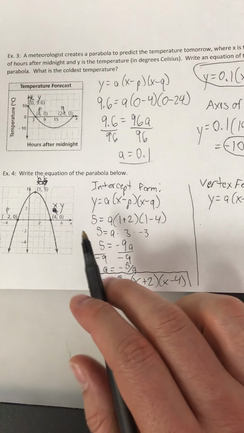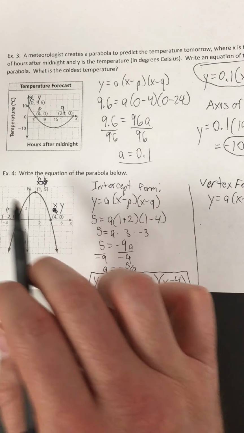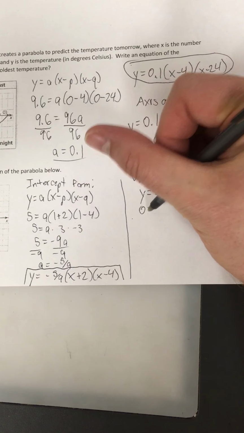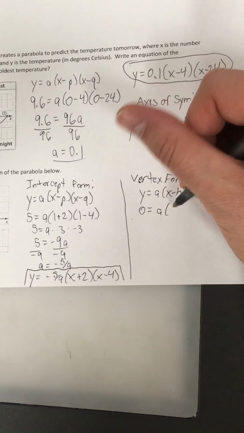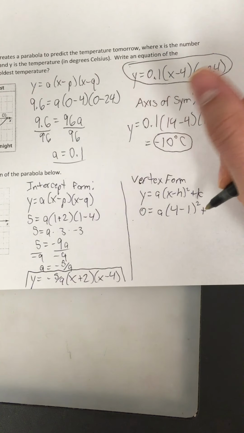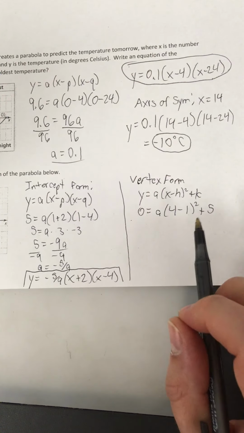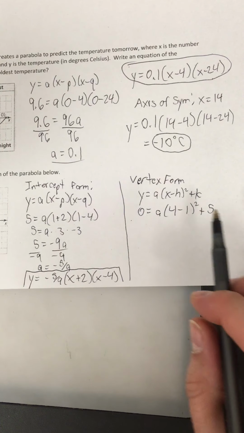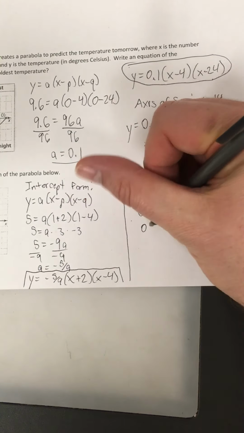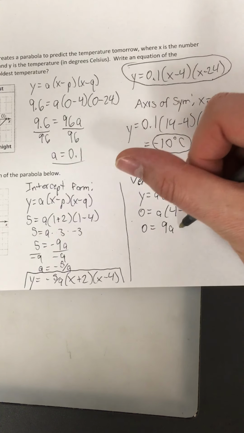All right, so if I do that, here's h and k, here's x and y. I don't need the third point. So vertex form, I'd say y is 0 equals, I don't know a, (x is 4 minus h is 1) squared plus k is 5. And I'd work that out. I should get the same a value using either method. So 4 minus 1 is 3. 3 squared is 9. 0 equals 9a plus 5.